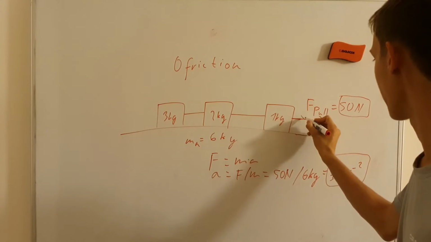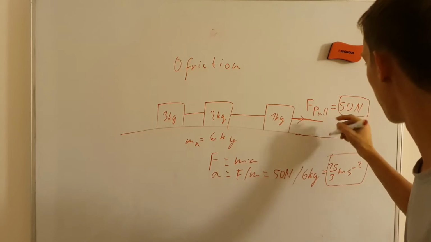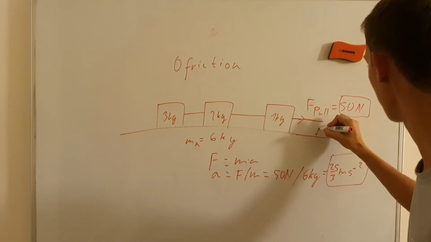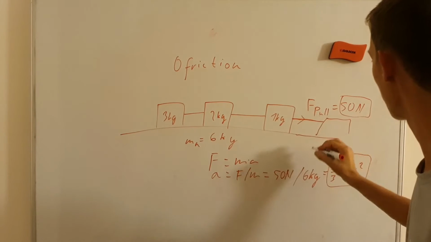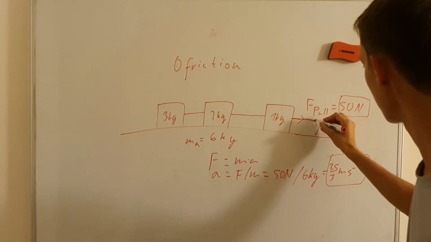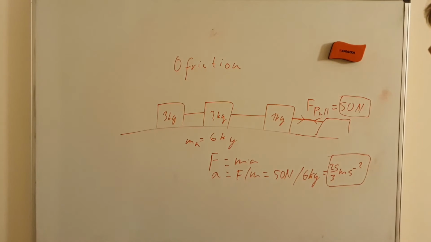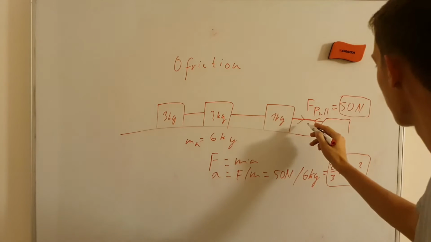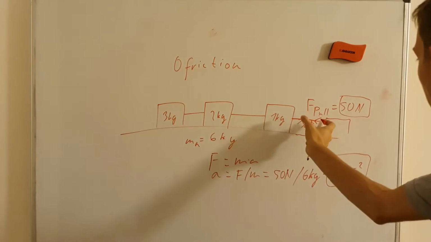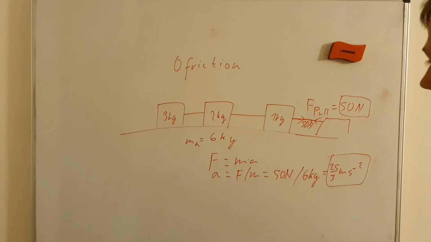And then the person, let's say, or the locomotive, something that pulls it in the front, it has to pull it like this. So there's this tension on the rope, and the tension is precisely equal to the pulling force, right? So the tension on the first thing that's pulling the rest is the 50 newtons.